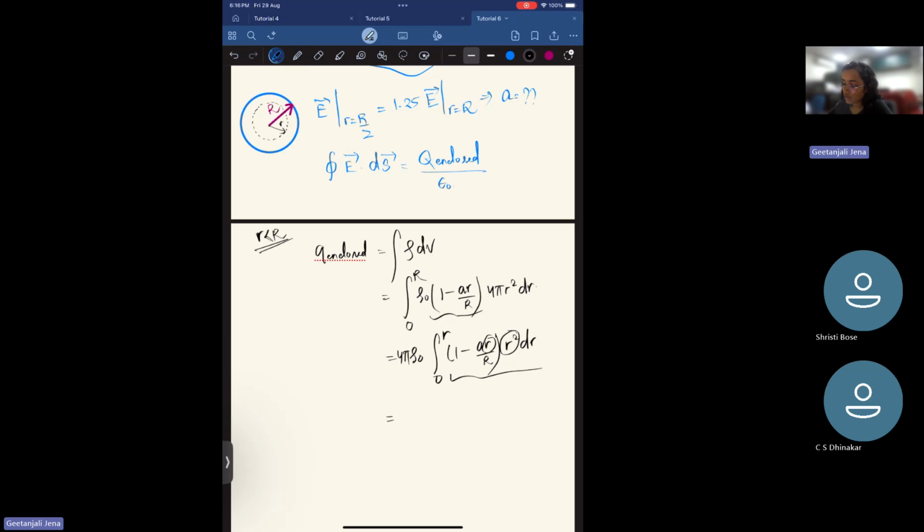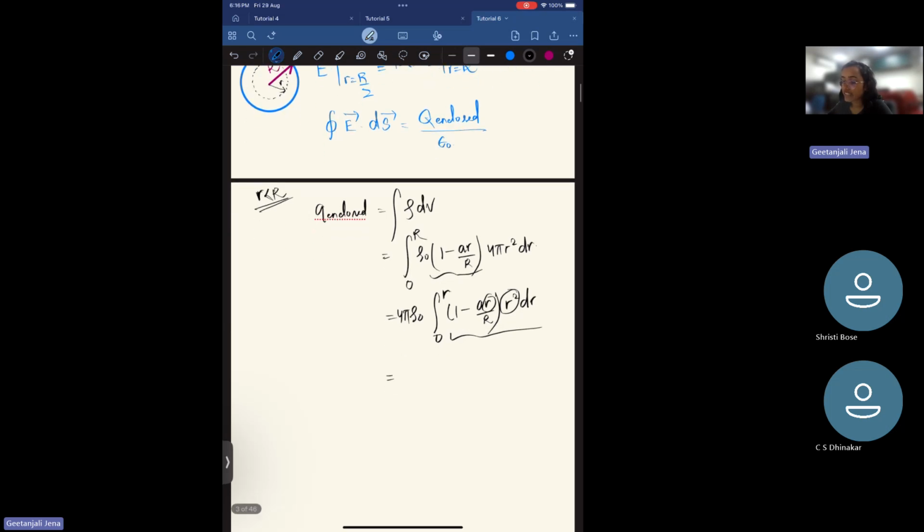Inside you have to take a small r. Don't put capital R because it will give the total charge at the surface. So if you do it, you will get 4 pi rho_0 times (r cubed by 3 minus A r to the power 4 by 4R).